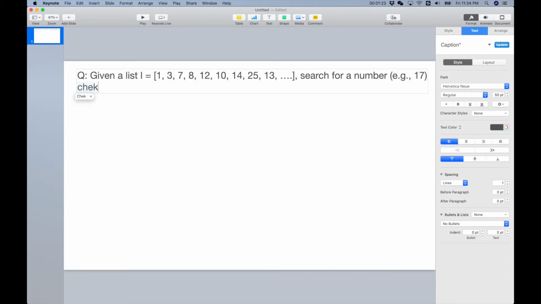Check if the number is in the list L or not.